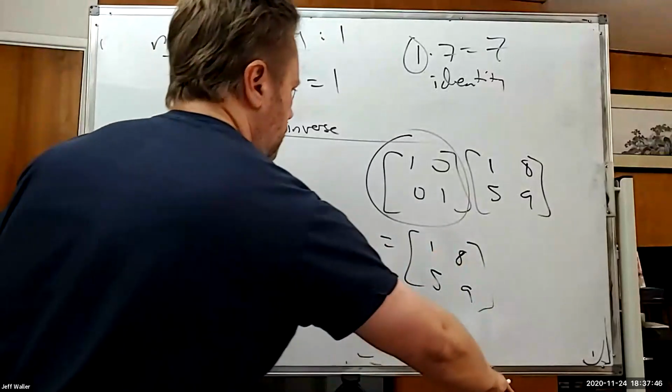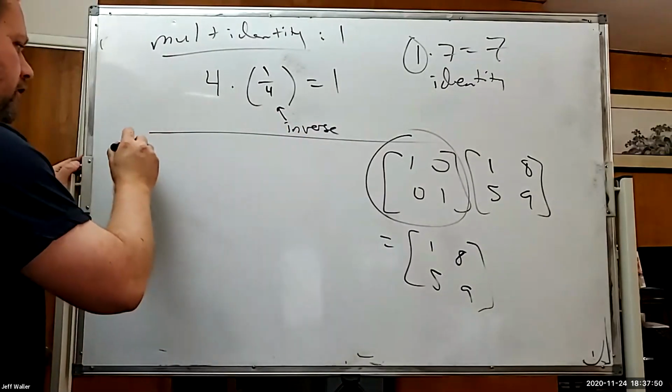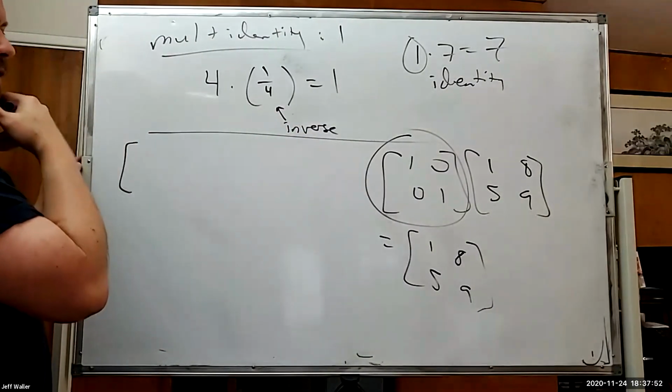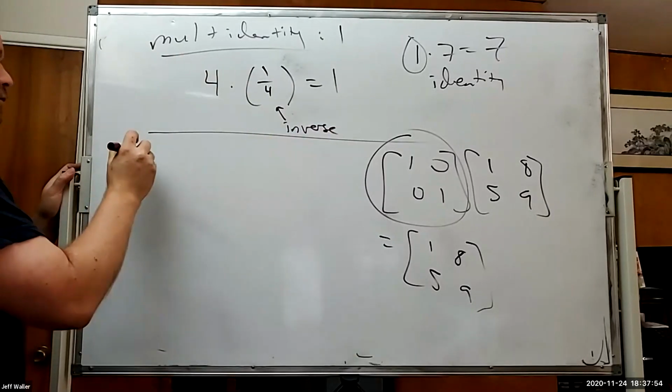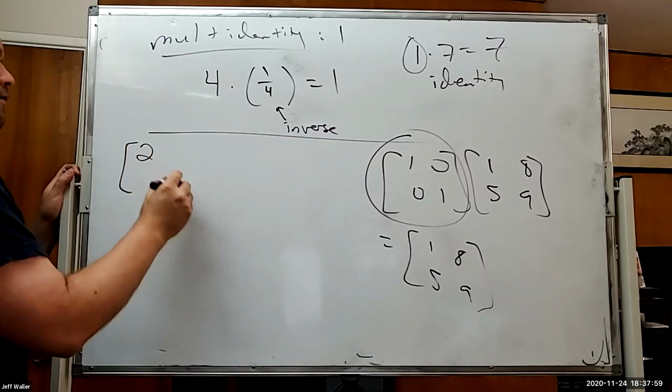So it makes sense that given some matrix, let me give us one that's a little bit less gross. Something easy: 2, 3, 5.